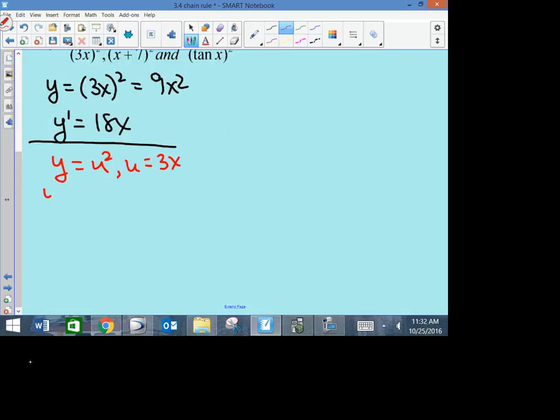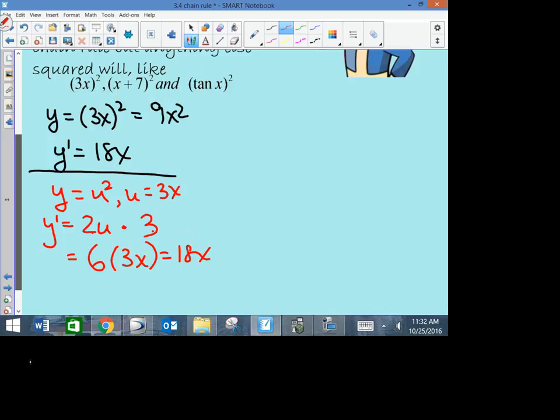Derivative of u squared is 2u. Derivative of 3 is 3, put your 2 times 3 together. Put your u in there. What's u? 3x. There's your 18x. But we made it more complex by doing the chain rule when it was a quick do your algebra.